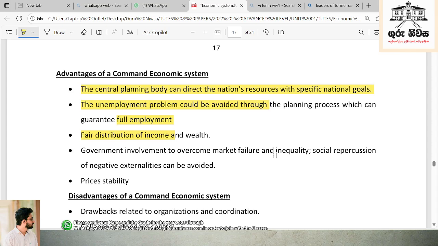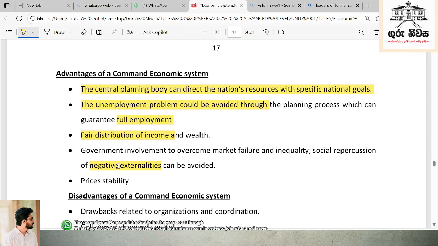And the social repercussions of negative externalities can be avoided. Can you remember negative externalities? Externalities mean positive or negative impacts on third parties, which are not directly involved with consumption and production activity. Negative ones, especially environmental pollution.